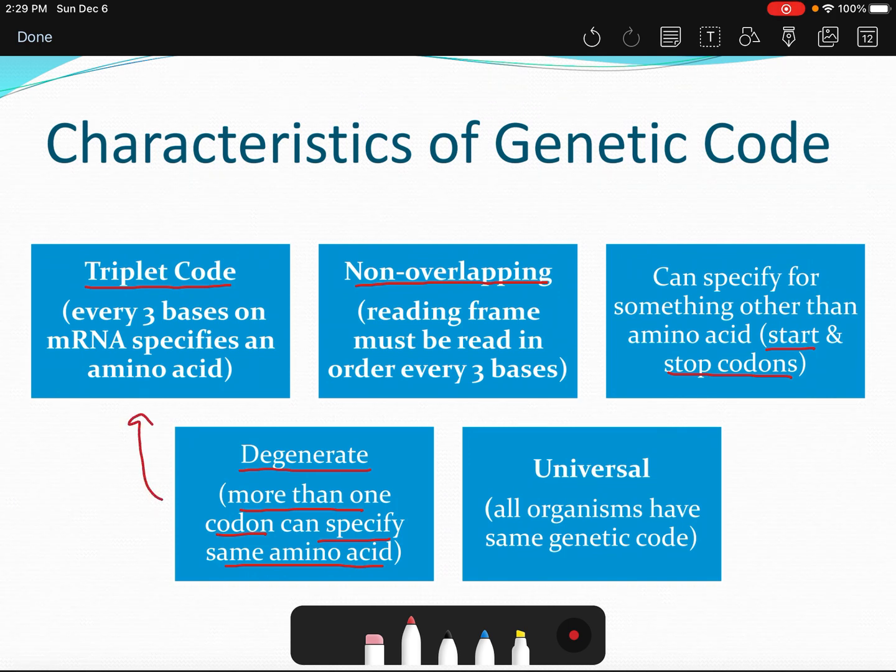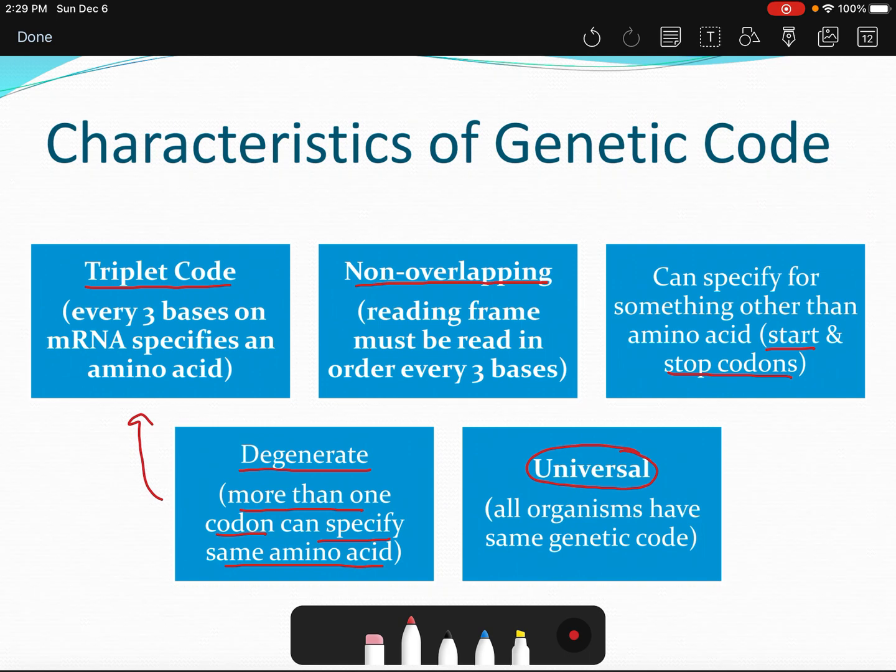And it gets back to it being a triplet code, and I'll talk about that in a minute. But a really cool thing about the genetic code is that it is universal. That means every living thing that they've discovered so far has the same genetic code. We use those same nitrogen bases. We have the same amino acids. Now, how different organisms put together those amino acids to make different proteins is different, but we have the same genetic code.